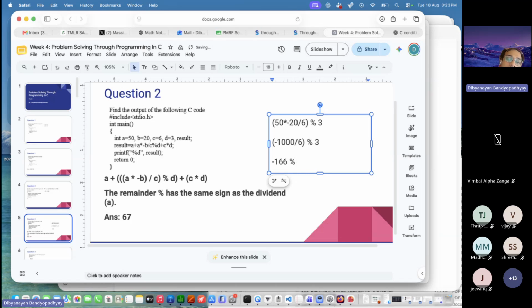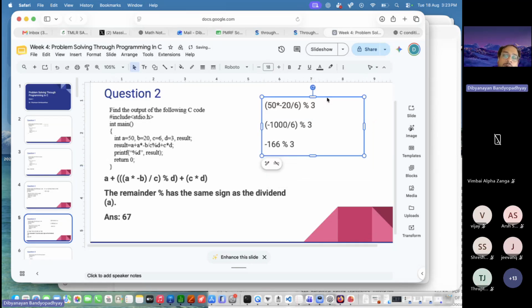And this is actually modulo 3. If you do modulo 3 with this, will you still get the minus sign? The minus sign will also be present. So what will be the value of it? Modulo means you divide the whole number by 3 and see what the remainder is.